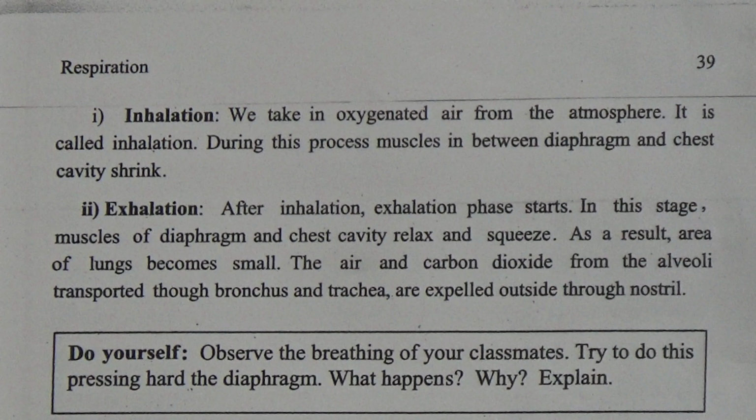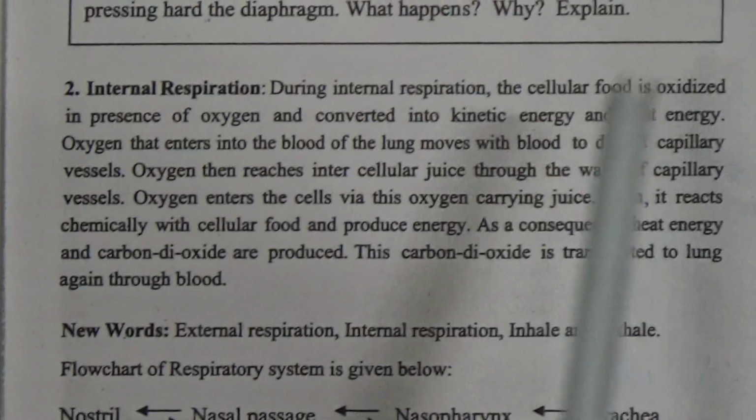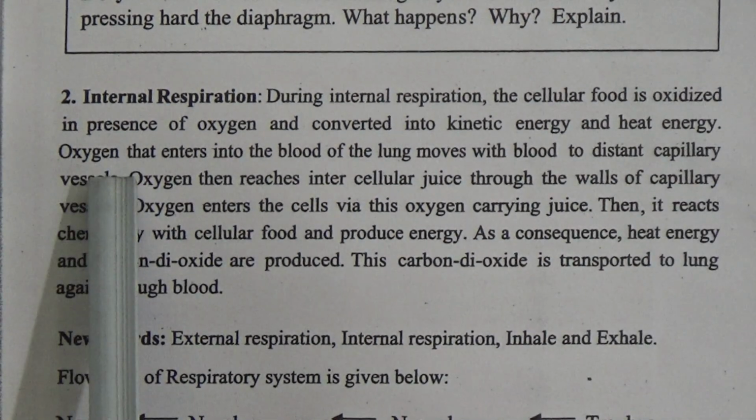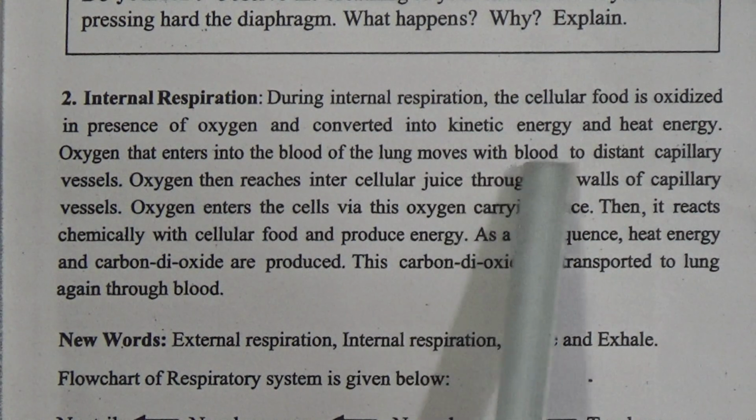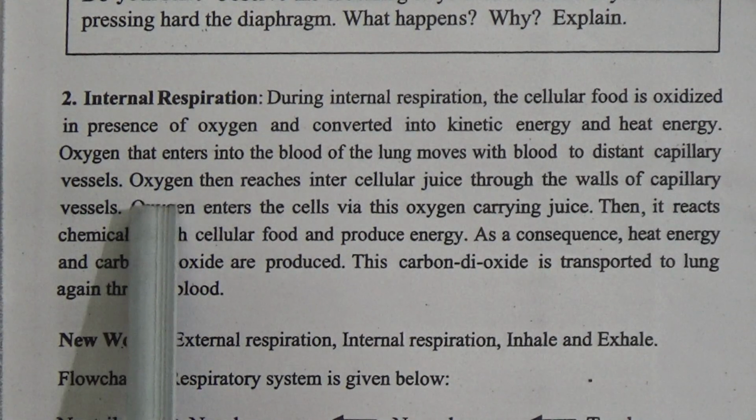Now internal respiration. During internal respiration, the cellular food is oxidized in the presence of oxygen and converted into kinetic energy and heat energy. Oxygen that enters the blood in the lungs moves with blood to distant capillary vessels.